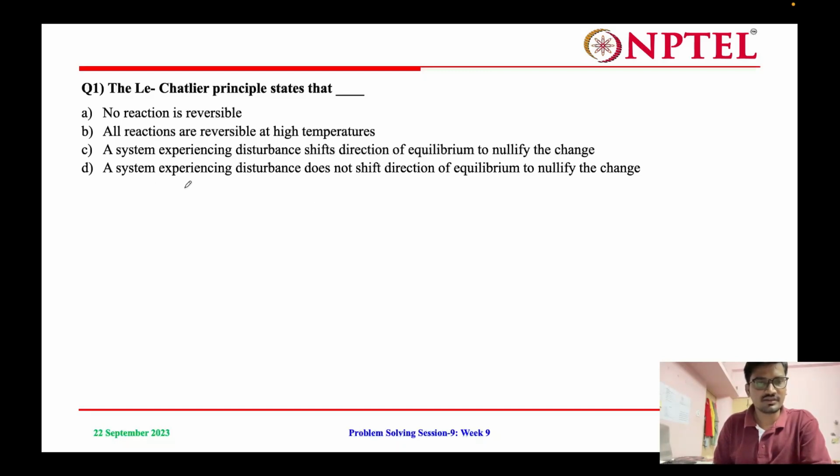And D, a system experiencing disturbance does not shift the direction of the equilibrium to nullify the change. So for a reversible reaction, any disturbance in the form of variation in temperature, pressure, and concentration affects the equilibrium state. The equilibrium shifts in the direction such that it is counteracted. So option C is correct.